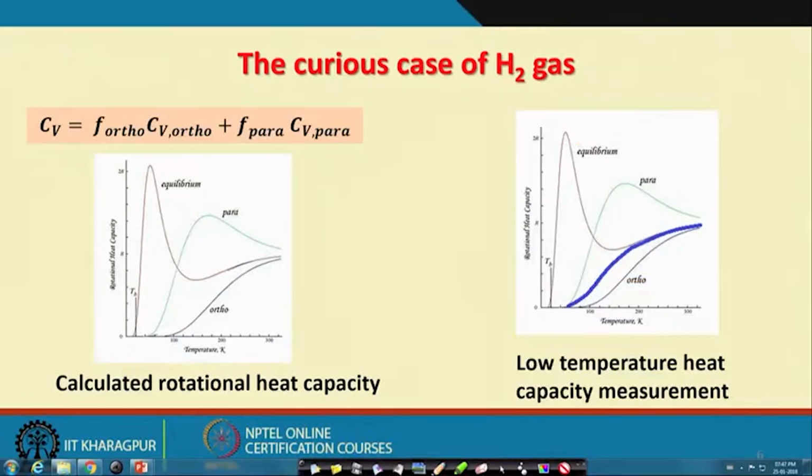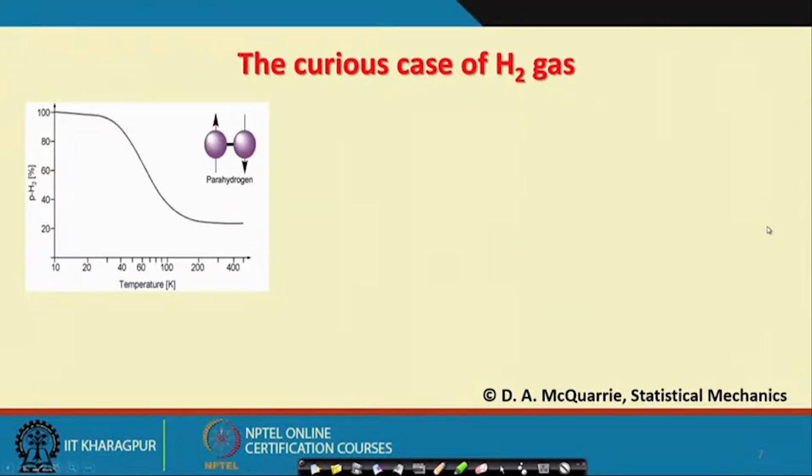This actually led to a lot of debate, and a lot of thought and scientific investigation were invested in solving this problem. And this is what was found out to be a clue to the solution of this problem.